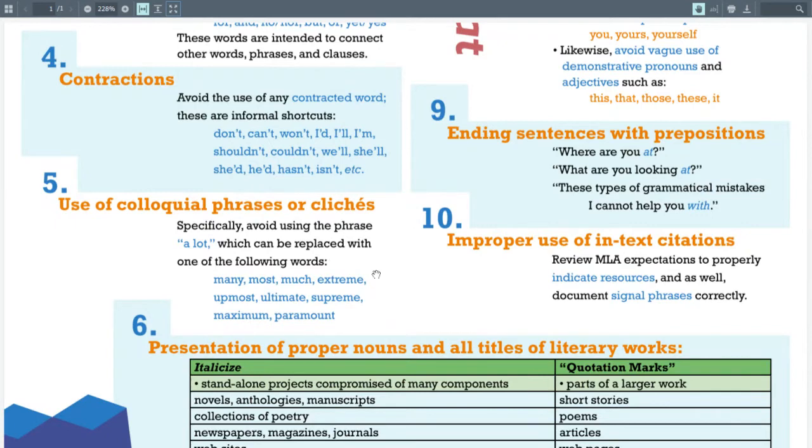The word "a lot" is very vague. You want to become very specific with all your details in your writing. So I have some I quickly looked up. There's paramount, maximum, utmost, ultimate, supreme, extreme, much, most, many. So these are not numerically specific, I agree.